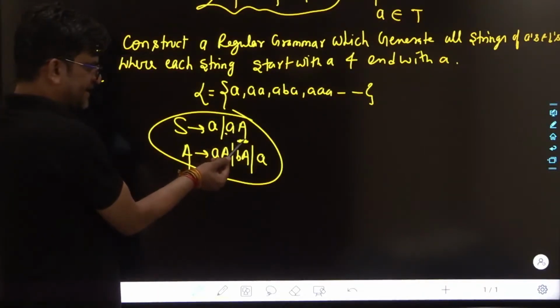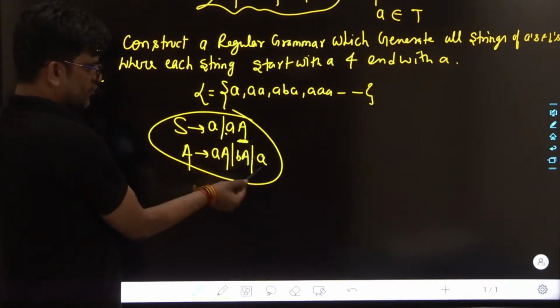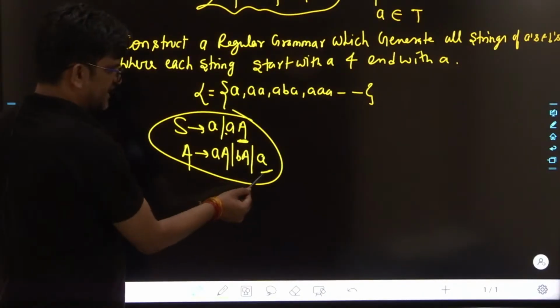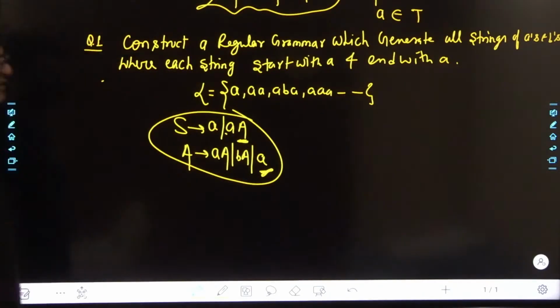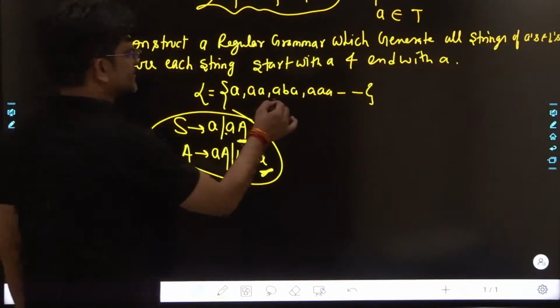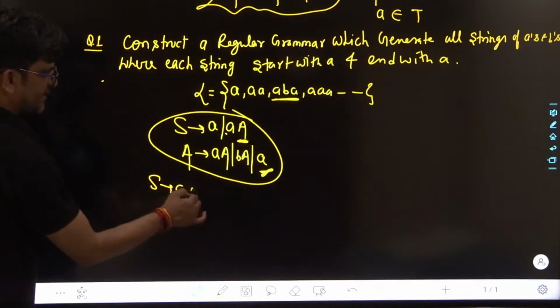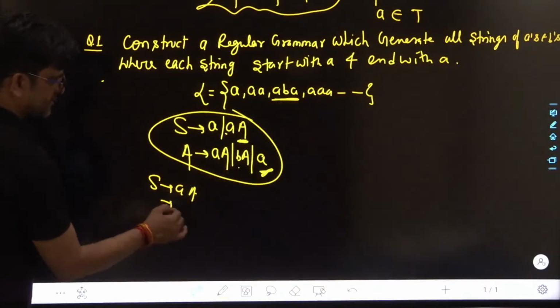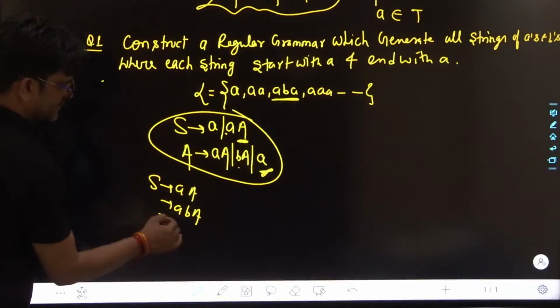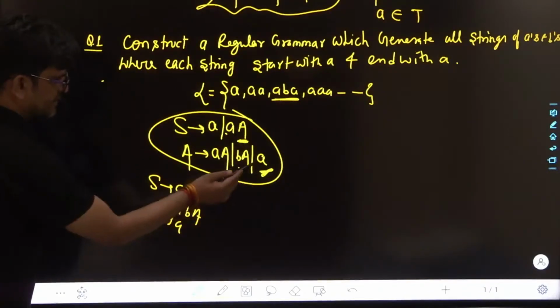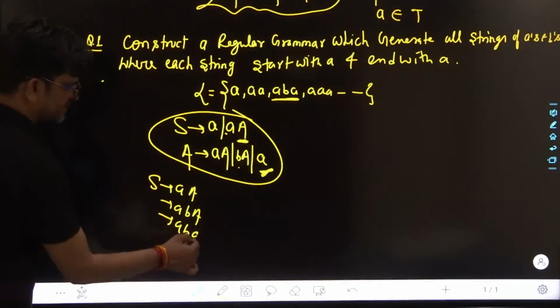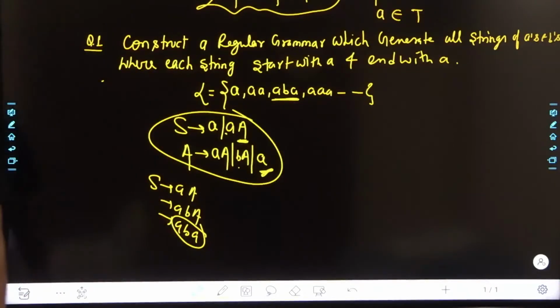Whenever we terminate A, it always terminates by this A. So we can generate any string from this language. If I generate this one, see AA, put this production ABA and put small a instead of capital A. So it generates ABA, starting with A, ending with A.